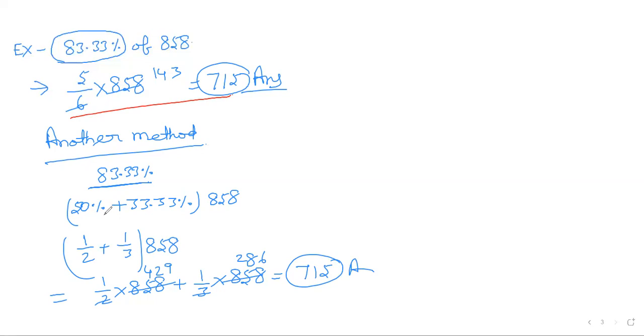You can go up to 10 numbers as per your convenience, right? I went only with 1 and 2. I just broke that large number into two numbers. Why? Because I got these values very easily, 1 by 2 and 1 by 3, right?